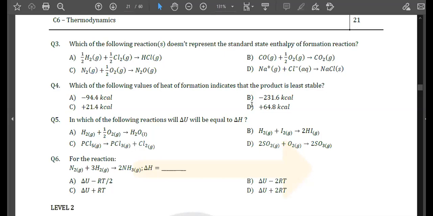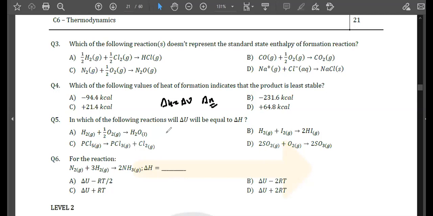Okay, 3 to 6, 5 and 6. Let's see. So 5 is easy, right? We know that delta H is equal to delta U when delta Ng is 0. We remember this, everyone.